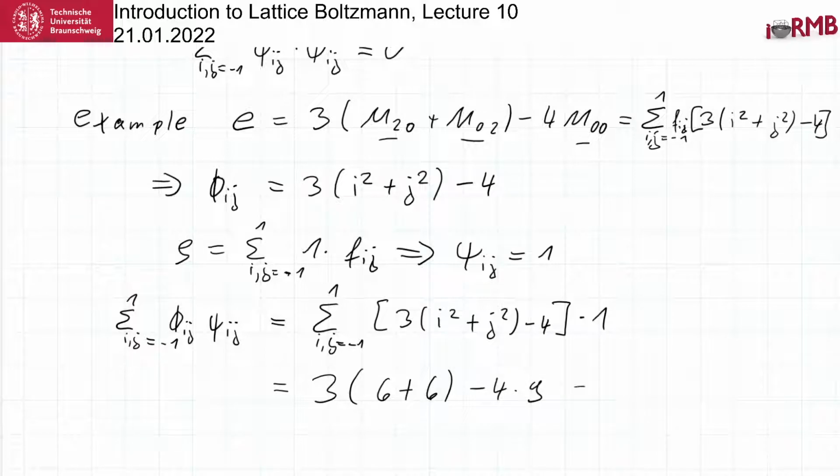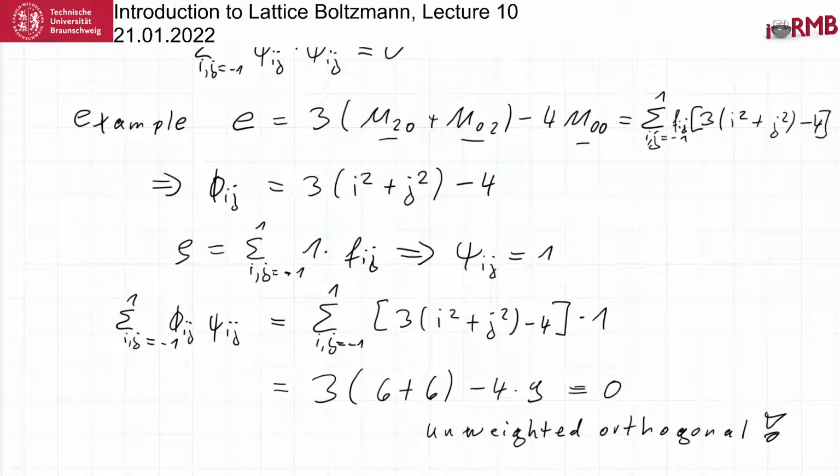And this, in fact, is equal to 0. So then this is unweighted orthogonal. Okay, and you can check this for each combination of these moments, and they are all unweighted orthogonal.